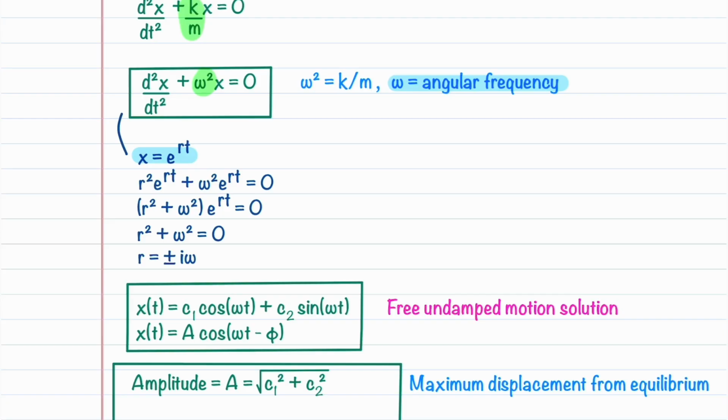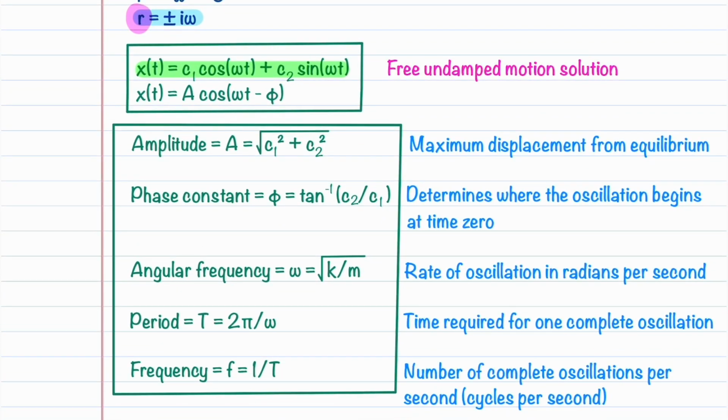When we substitute this into our equation and work through the algebra, we end up with r equal to plus or minus i omega. When we substitute this r back into the exponent, we get a solution for x of t, and it's equal to c1 cosine omega t plus c2 sine omega t.